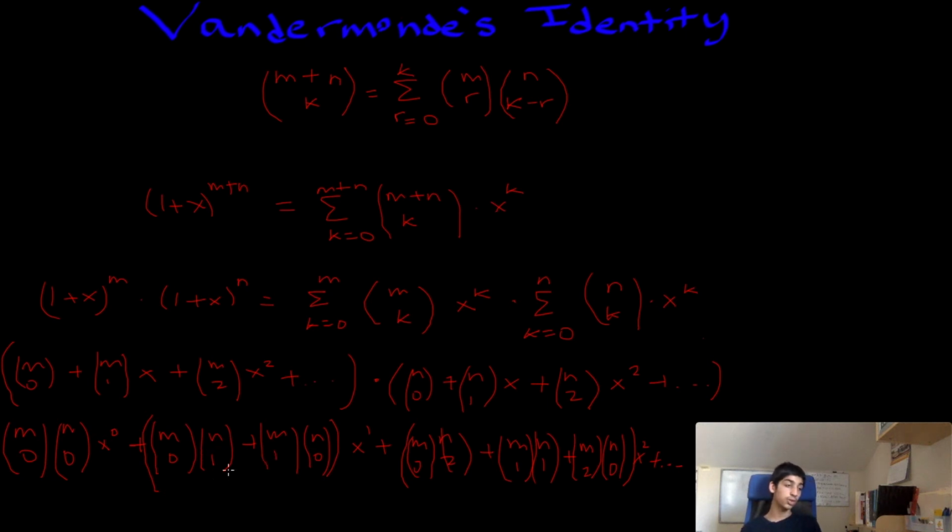And you can see pretty clearly from this that the coefficient of x to the k would be m choose 0 times n choose k, and then plus m choose 1 times n choose k minus 1, plus, this keeps going, and then this would go up to m choose k times n choose k minus k, which is just 0.